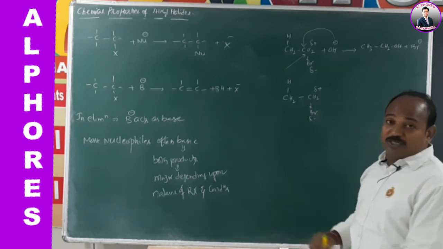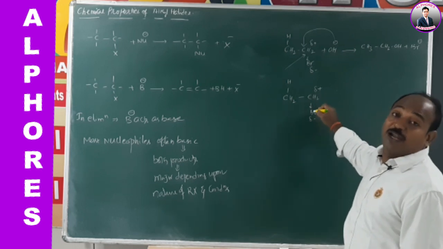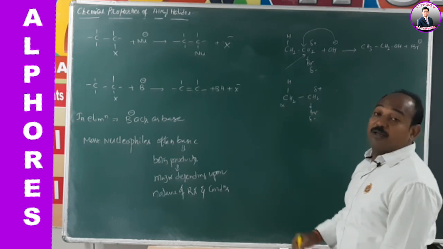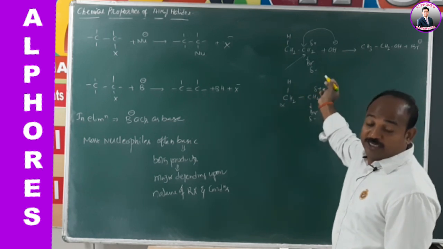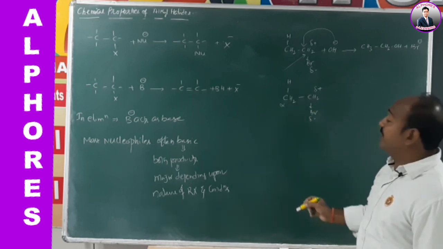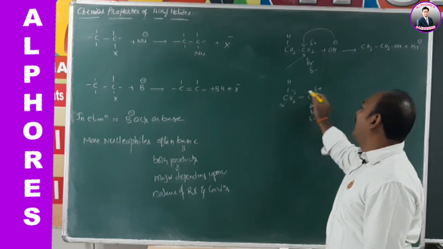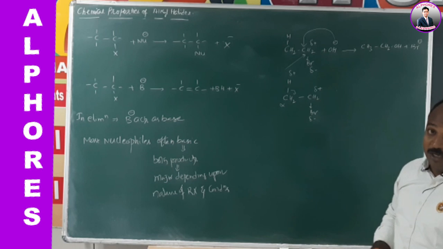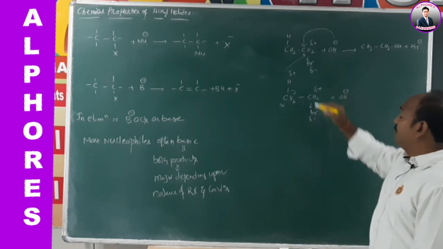With respect to this halogen containing carbon, the alpha carbon, the hydrogens on the adjacent carbon participate in hyperconjugation. If it possesses any alkyl group, they are electron releasing groups, right? So there is a possibility to shift the sigma bond electrons towards this carbon, and as a result it also gets partial positive charge.